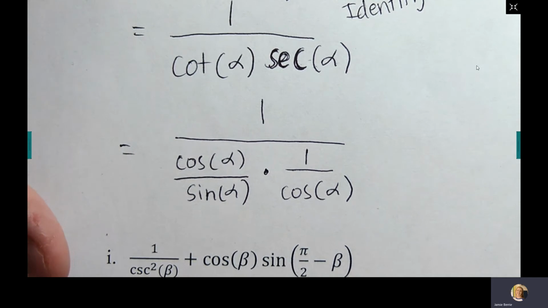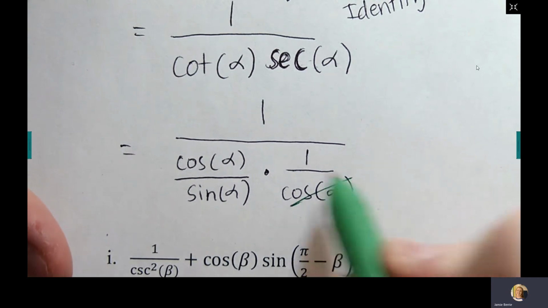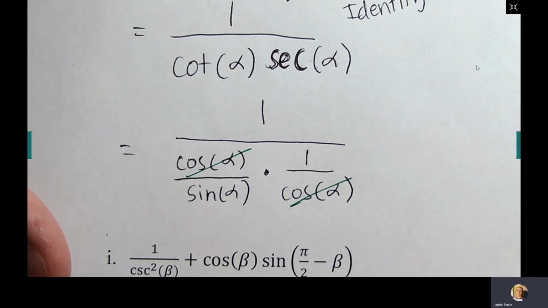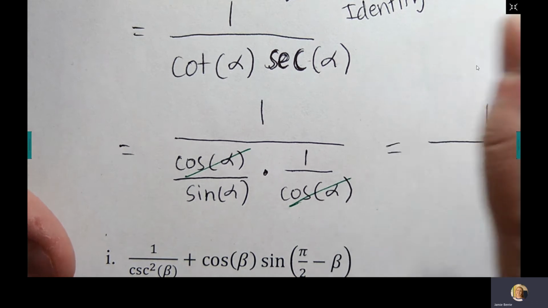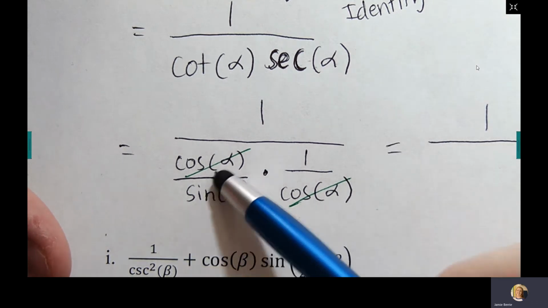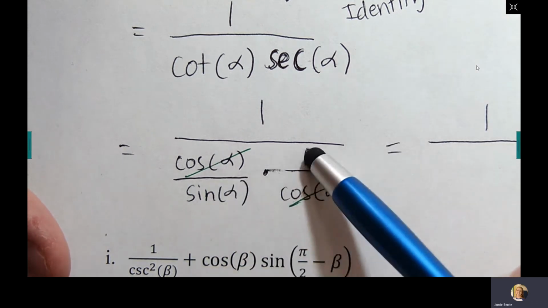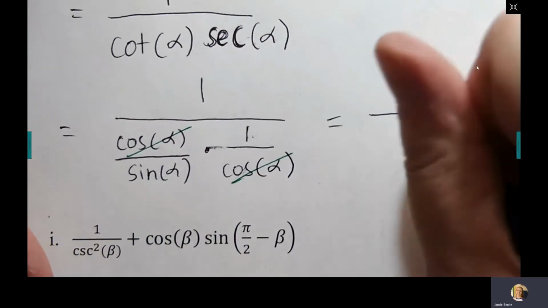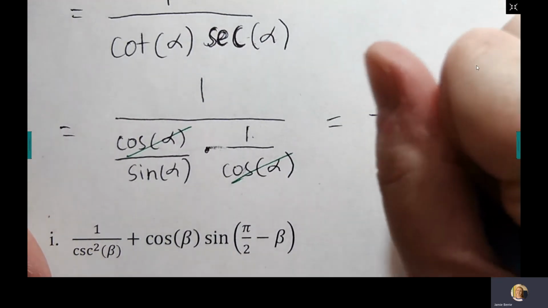So what can we do now? Cancel cosines. One's in the top, one's in the bottom. So still 1 over, and in this little fraction in the bottom, we have just a 1 left in the top, sine left in the bottom, so that's 1 over sine alpha.